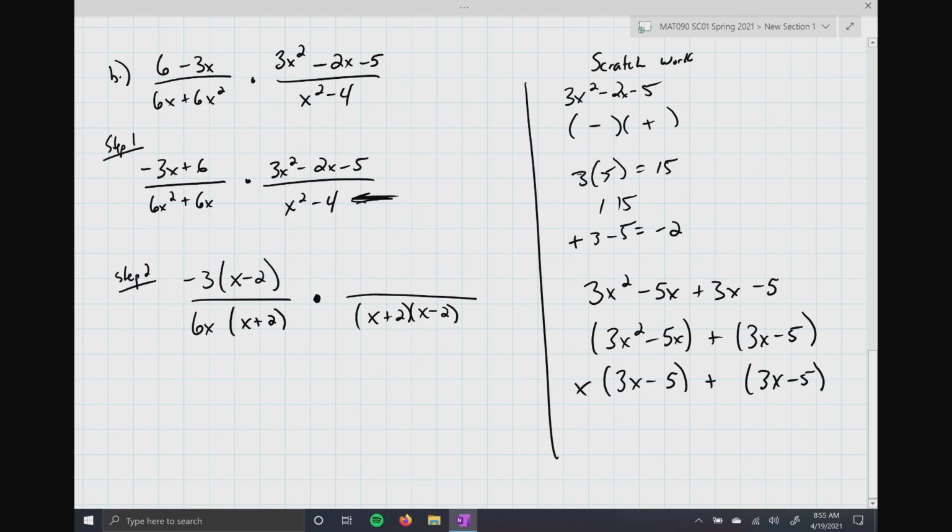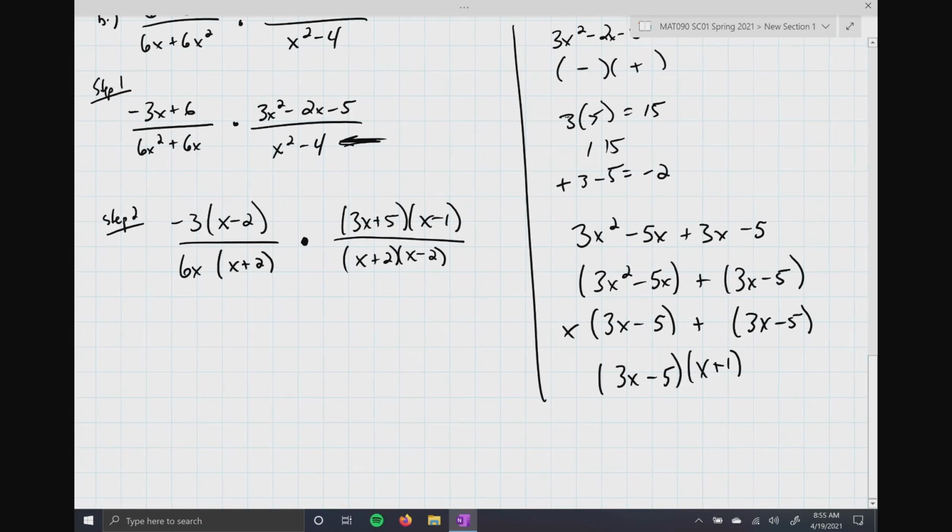But I'm a happy camper because the binomials inside the parentheses are the exact same. So I'm left over with 3x minus 5 times the quantity x plus 1. And that's exactly what I write directly above my x plus 2, x minus 2. So 3x plus 5 and the x minus 1. All right, are there any questions so far?